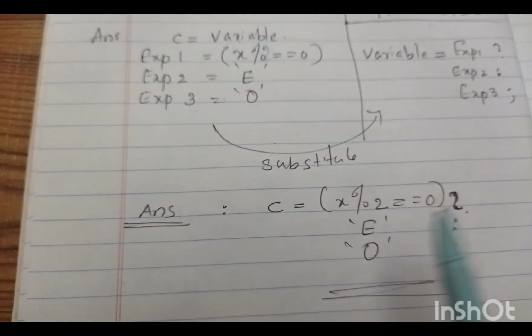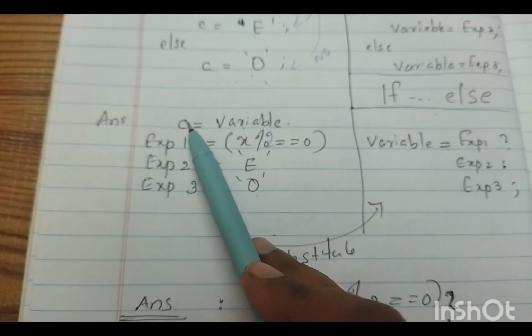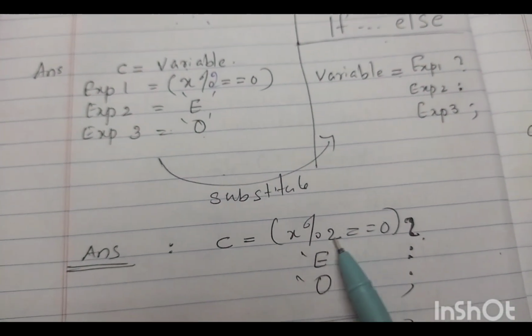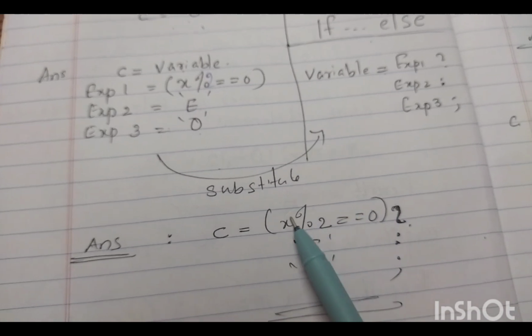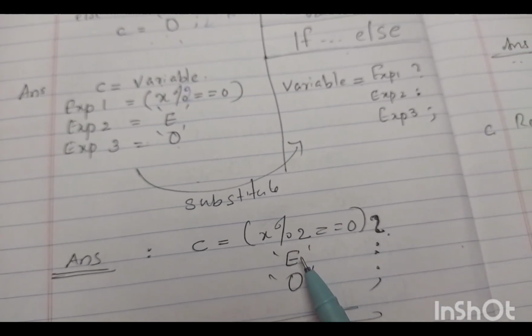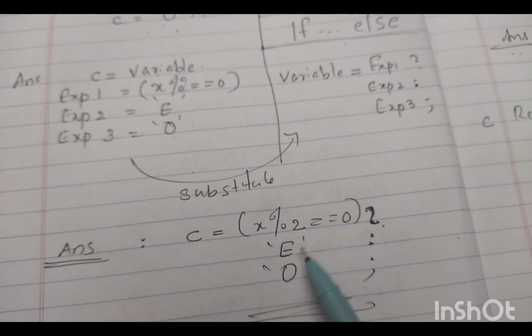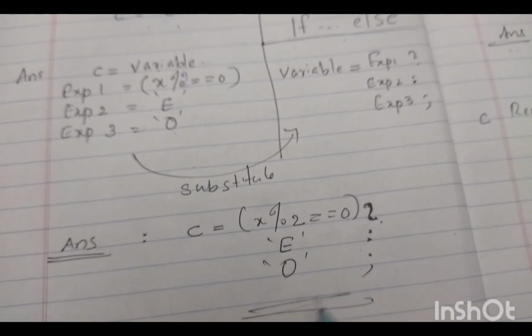So the final answer is c is equal to x mod 2 equal to 0, which is a condition to check whether it is true or false. If it evaluates to true, that is the question mark, the character E will be printed. Else, that is the colon, the character O will be printed, and semicolon.